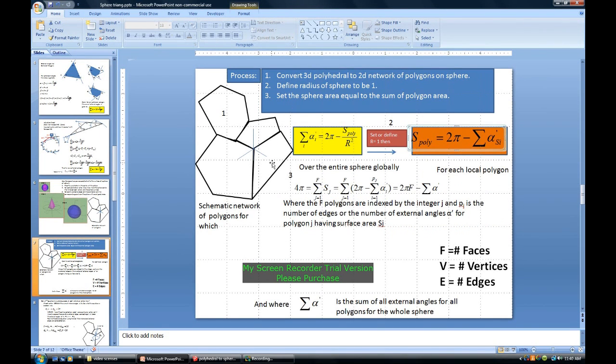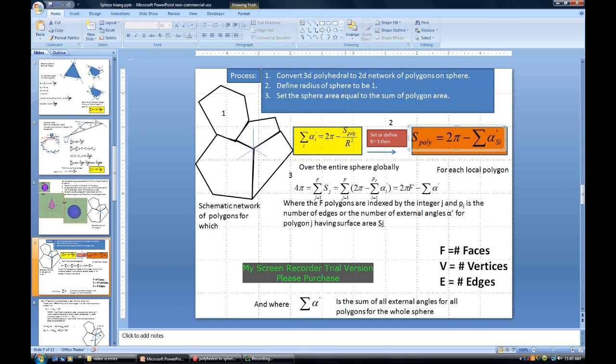All right, now that we know how to map any three-dimensional polyhedral to a two-dimensional network of polygons on the surface of a sphere, we go through a process to find the relationships between the number of faces, the number of vertices, the number of edges of any random polyhedral.